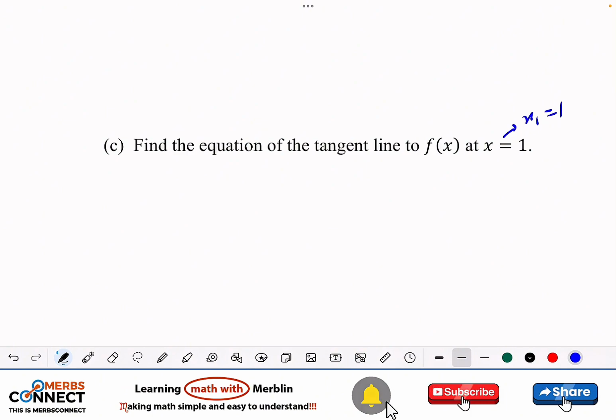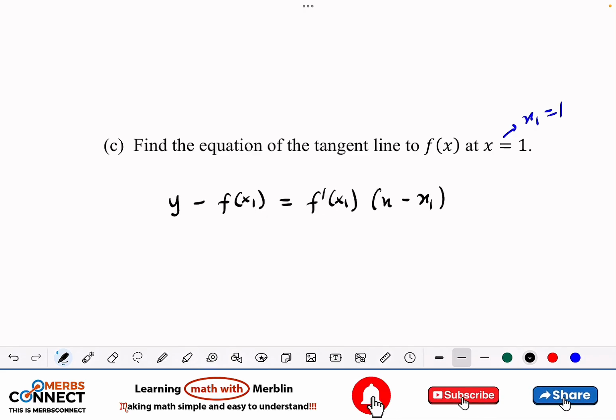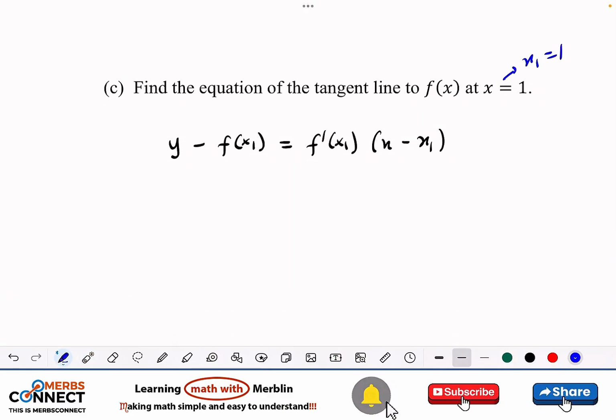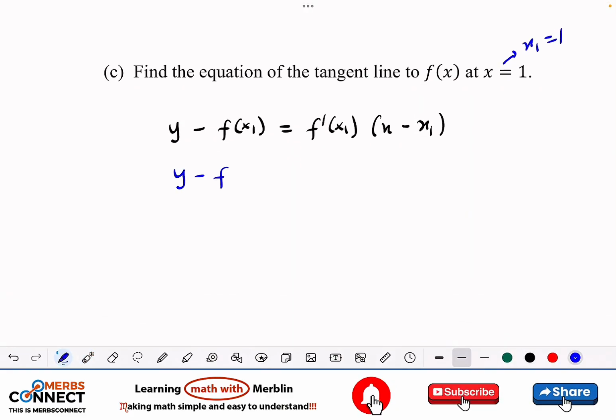So that now my function will be y minus f of x1 is equal to f prime of x1 times x minus x1. x1 is equal to 1. So I'm going to have y minus f of 1 is equal to f prime of 1 times x minus 1.